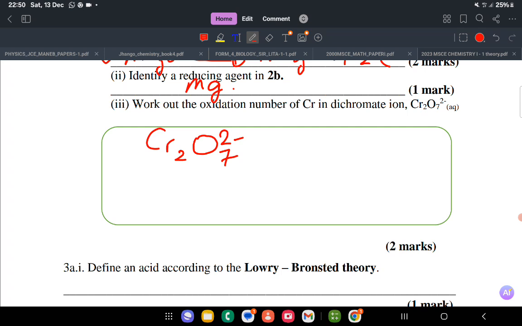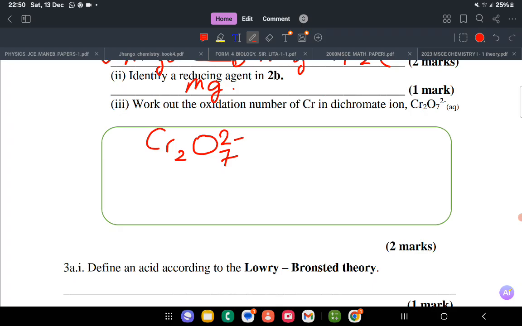So we need to apply one of the rules of writing oxidation numbers, which says that for a complex ion, the sum of the oxidation numbers is equal to the charge on the ion.